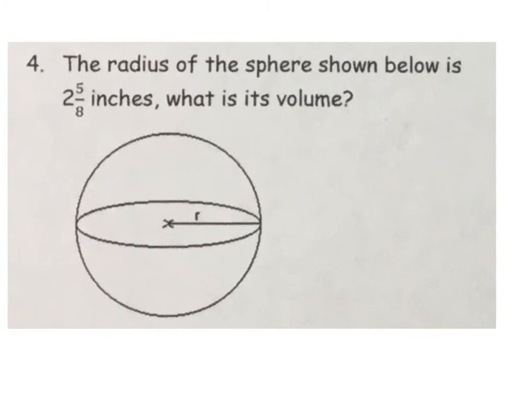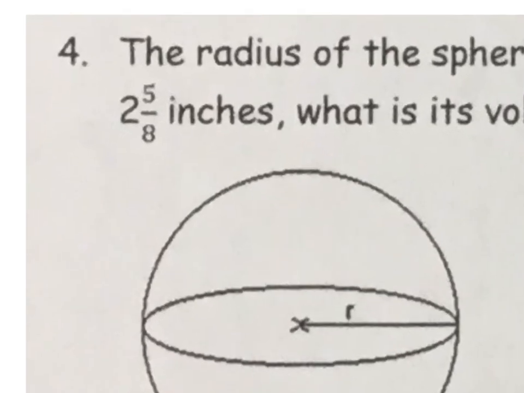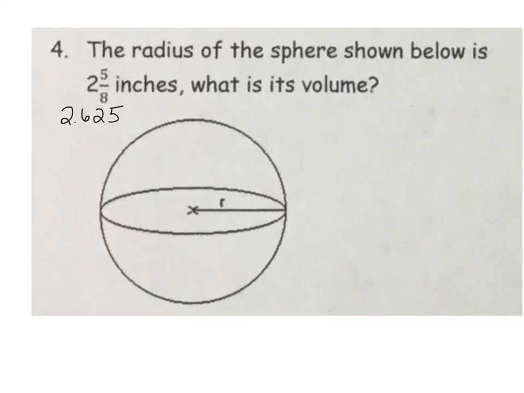Number 4 says the radius of the sphere shown below is 2 5/8 inches. What is the volume? So 2 5/8 is the same thing as 2.625. So we can just use that.